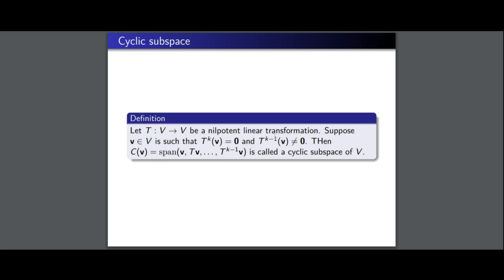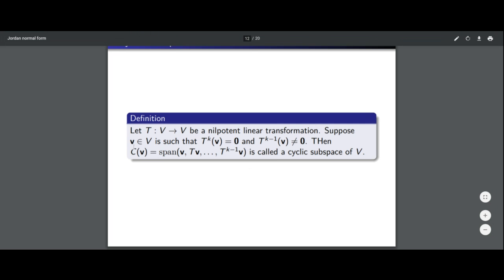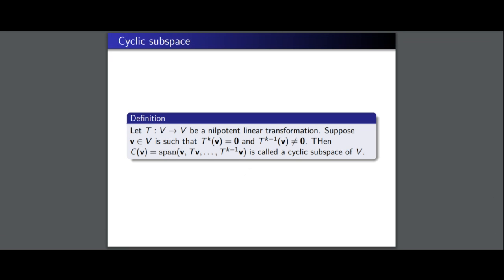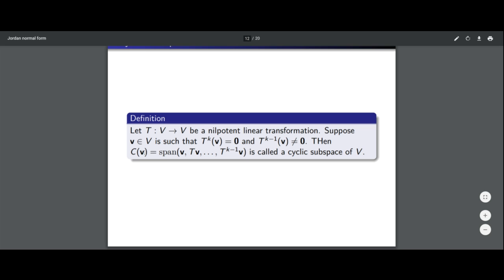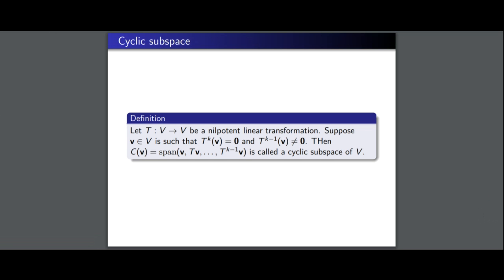And let's suppose that we have a vector v such that T to the k of v is 0, but T to the k minus 1 of v is not 0. Then we're going to call C of v the span of v, T of v, up to T to the k minus 1 of v. And this thing C of v is going to be called a cyclic subspace of v.